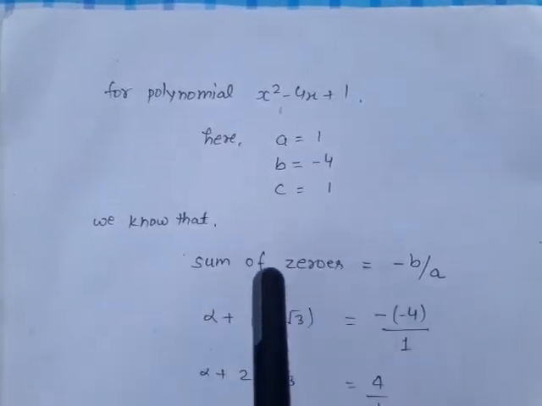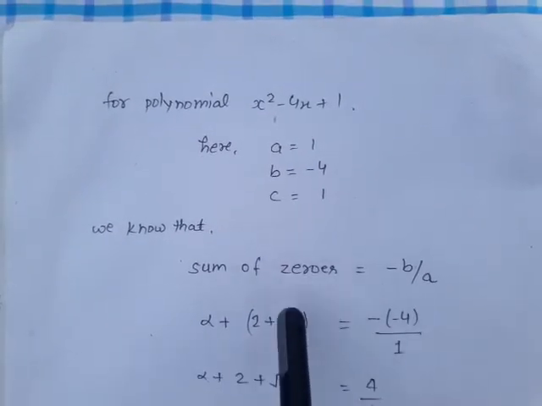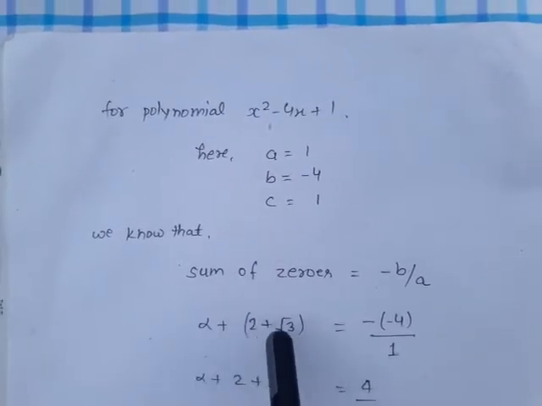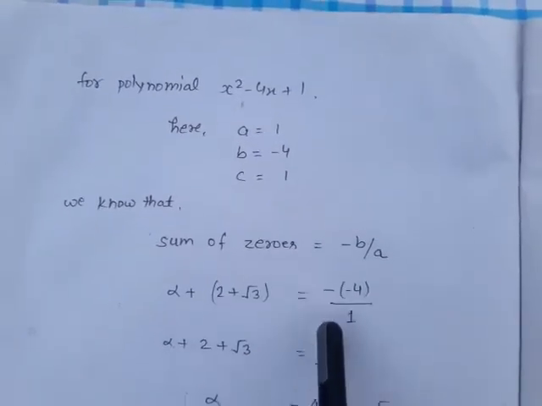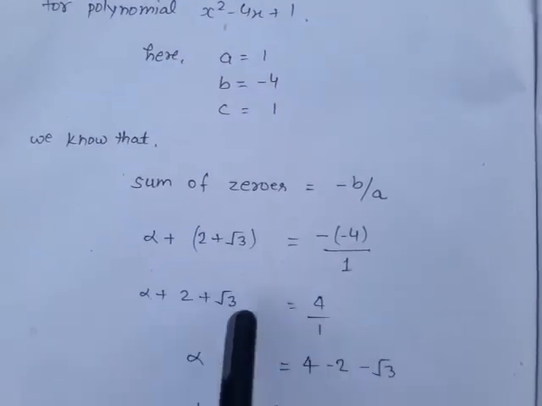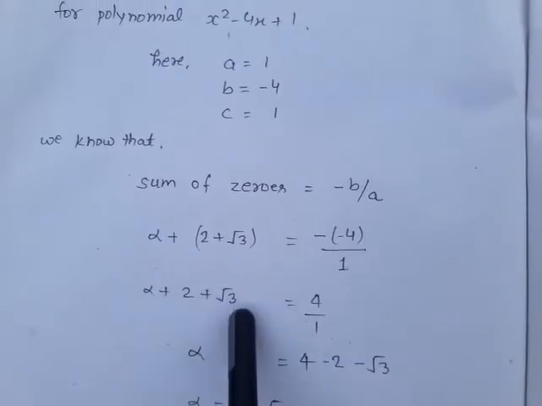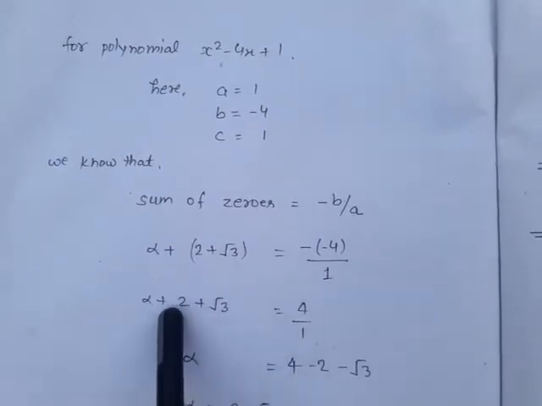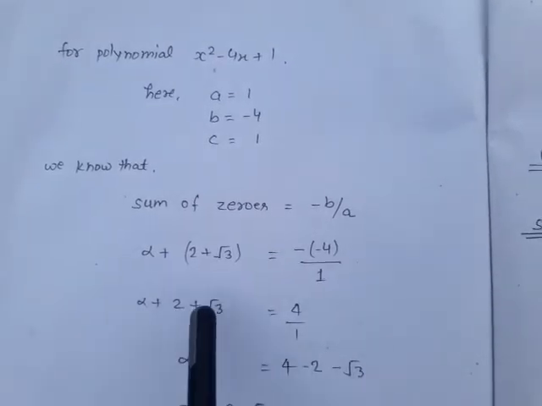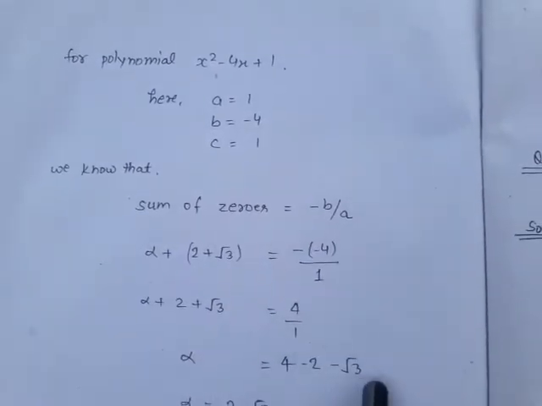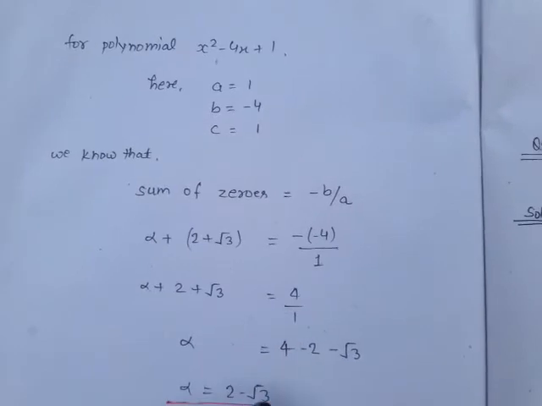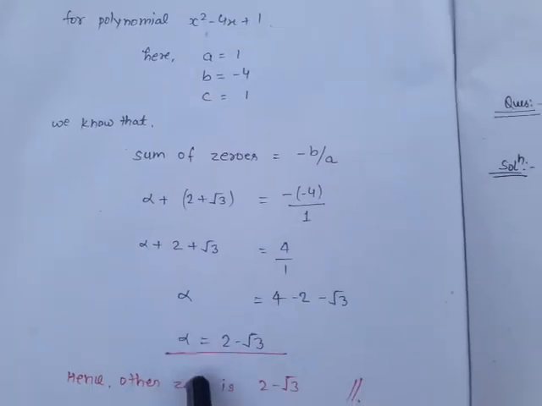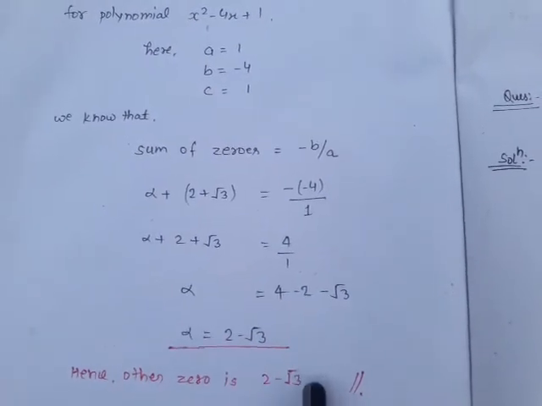The sum of zeros: the first zero is alpha and the second zero is given, alpha plus 2 plus root 3, and minus minus gives plus, that is 4 by 1. Transferring 2 plus root 3 to the other side, we get minus 2 and minus root 3, 4 minus 2 is 2, so the other zero is 2 minus root 3.